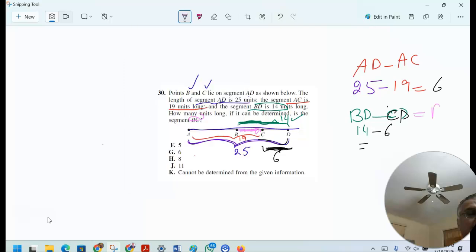That is 14 minus 6, which is 8. And that's why the answer is 8.